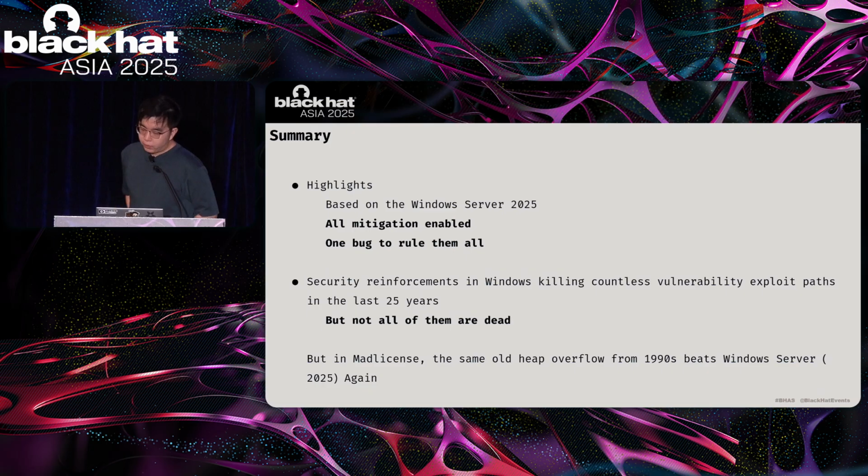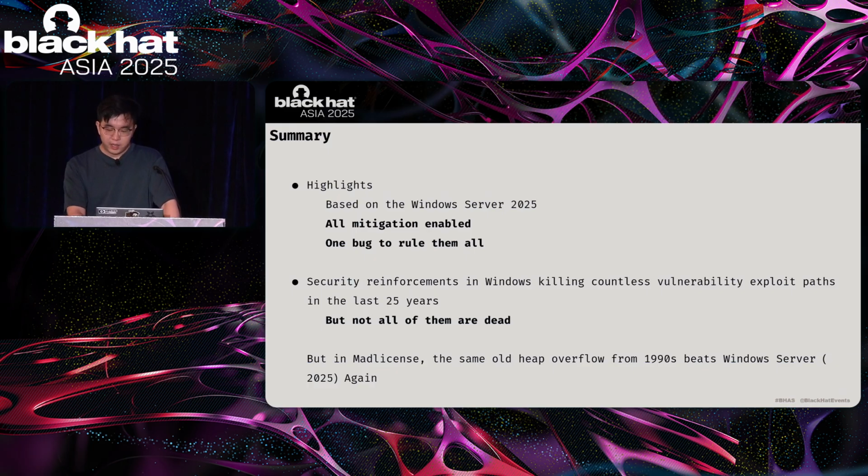Our work was conducted on Windows Server 2025 with all security mitigations enabled. Remarkably, we achieved full unauthenticated remote code execution using just one single bug. Over the past 20 years, Windows has introduced numerous security mitigations and protections, closing off countless exploitation cases.